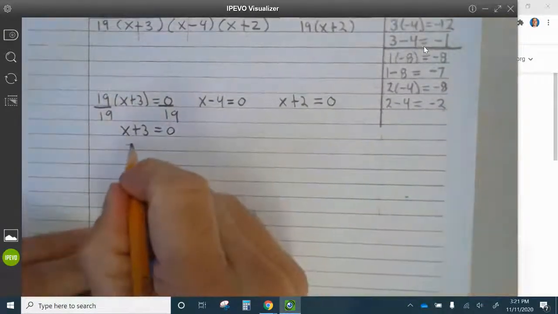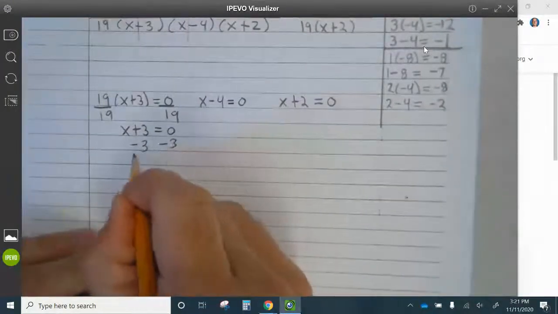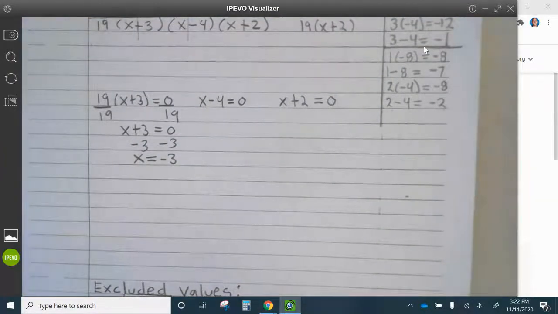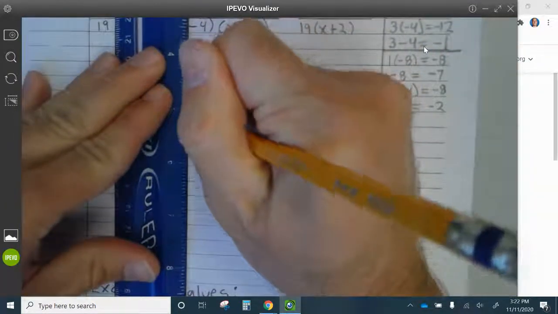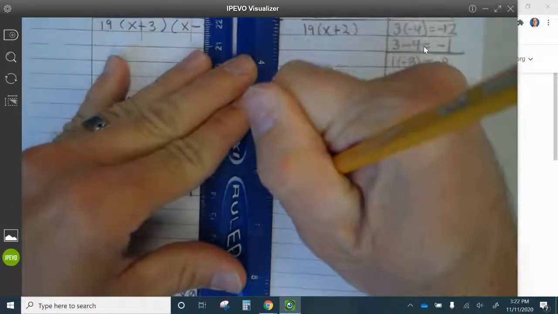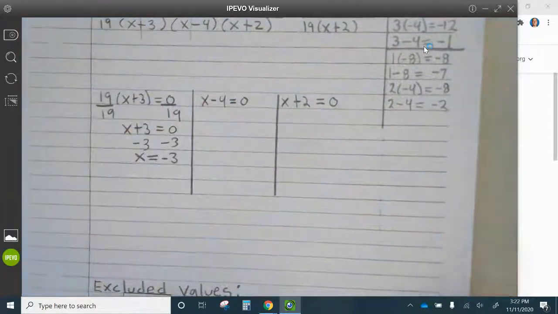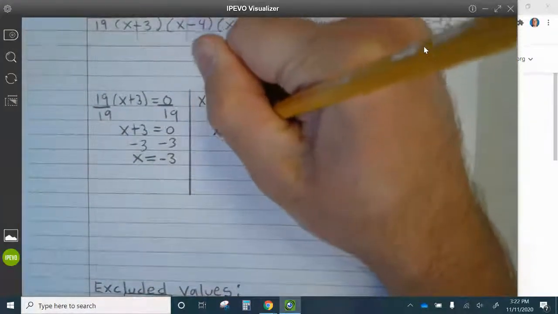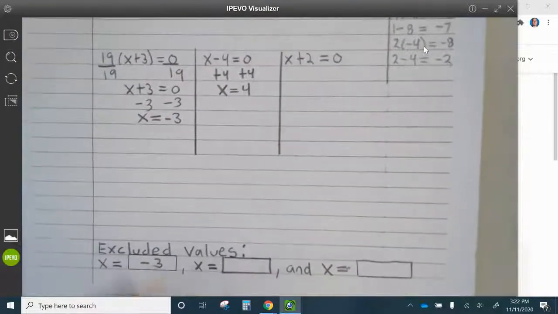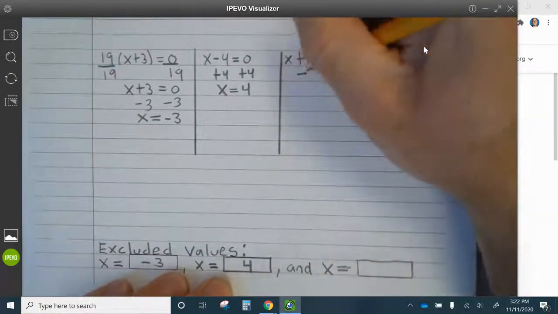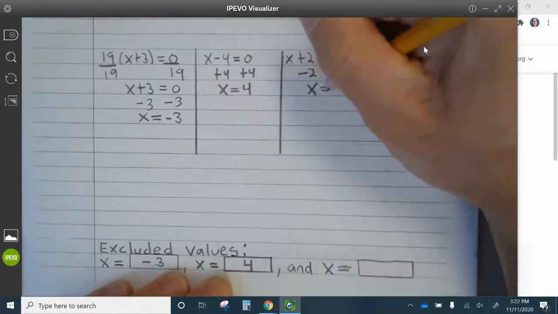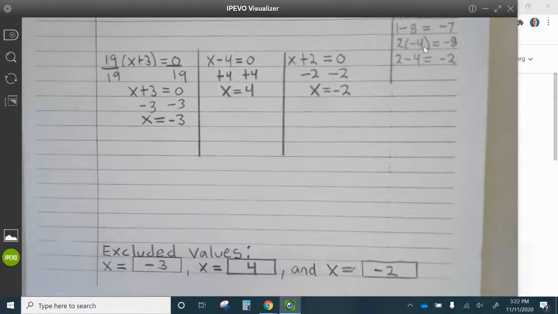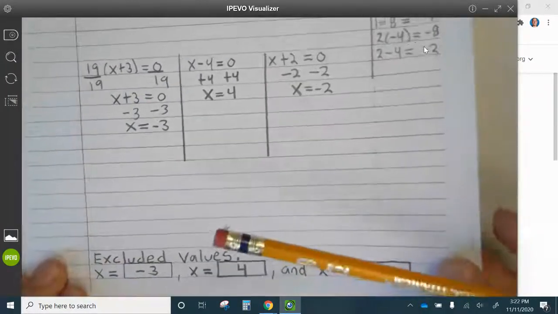Okay, subtract 3 from both sides. X equals negative 3 is our first excluded value. Okay. Here we add 4 to both sides. So x equals 4 is our next excluded value. And here we subtract 2 from both sides. So x equals -2. So that's our last excluded value. Okay. That should help you with question number 3.